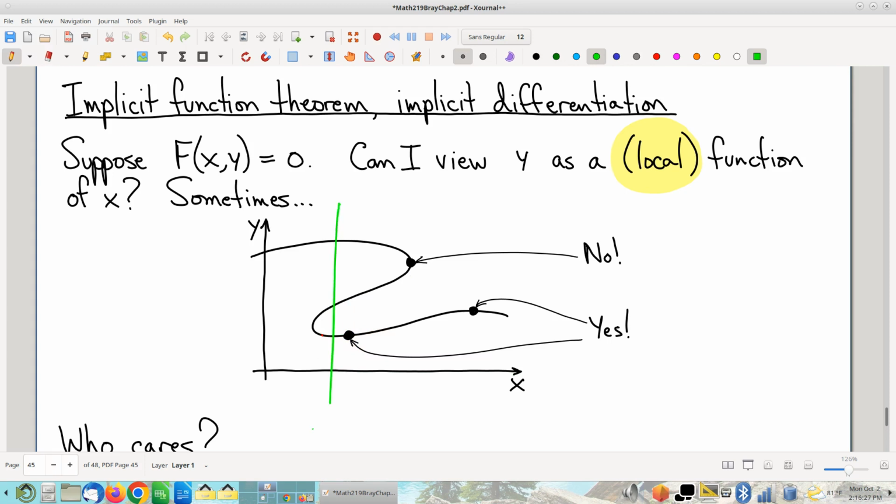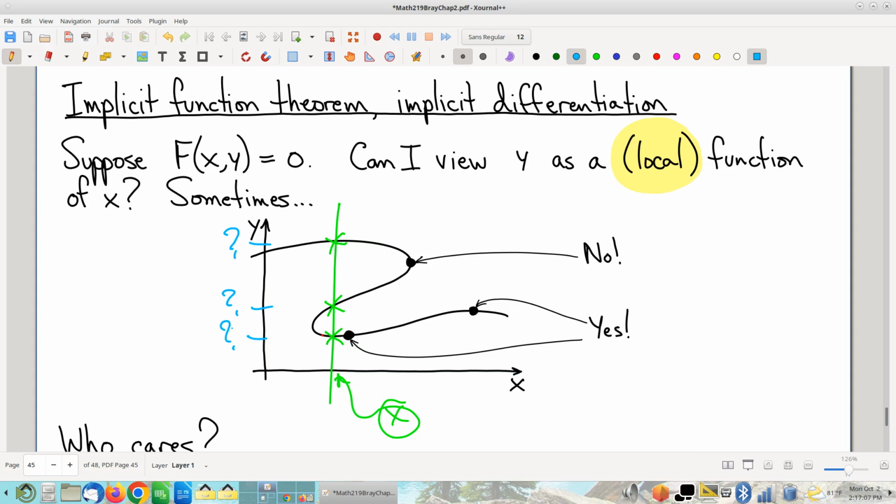The fact that this vertical line hits here and here and here means that for this value of x, there are multiple different values of y. If this were a graph, each one of these three output values would have to be the output value for this value x. But a function can't have several output values, and so the punchline is if a vertical line hits a curve more than once, it can't be a graph. Does that make sense? Yeah. So that's all that is.